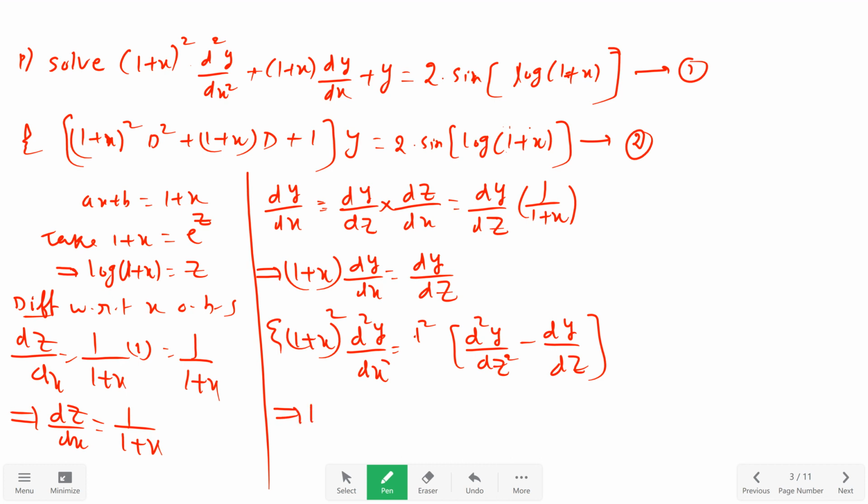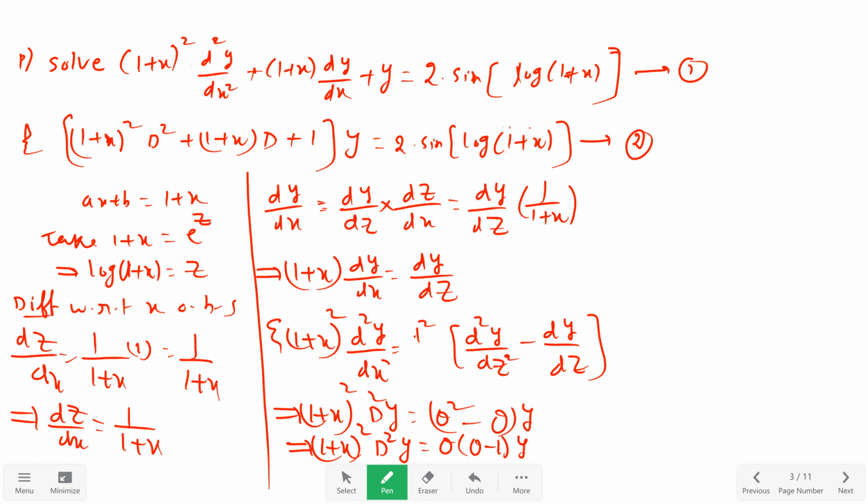So that implies (1 + x)² d²y/dx² = θ(θ − 1)y, because the RHS value 1² is equal to 1, so 1 into d²y/dz² means θ² − θ.